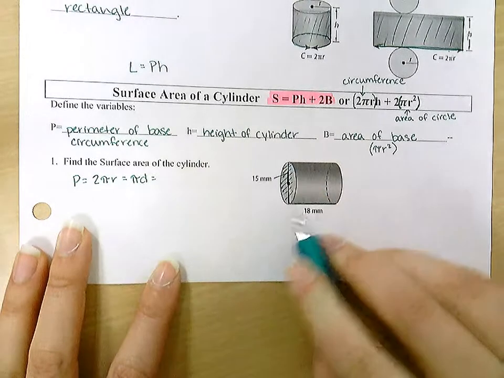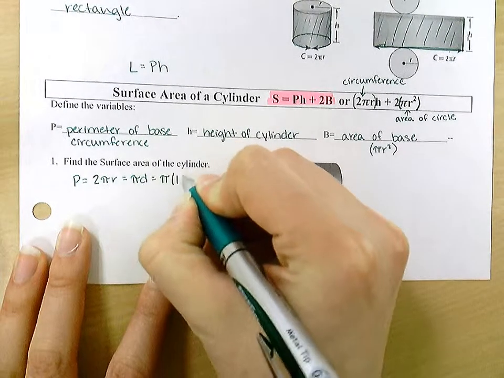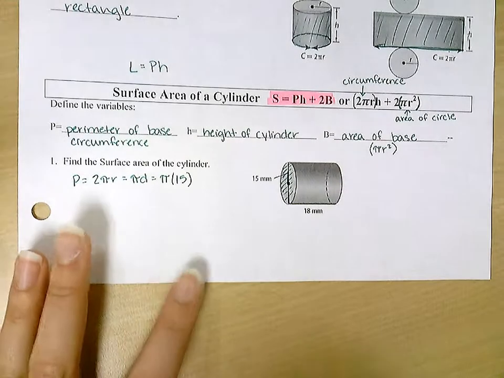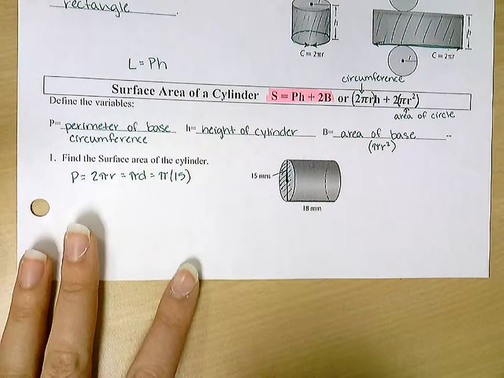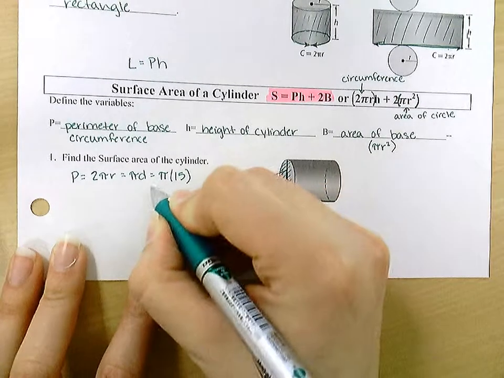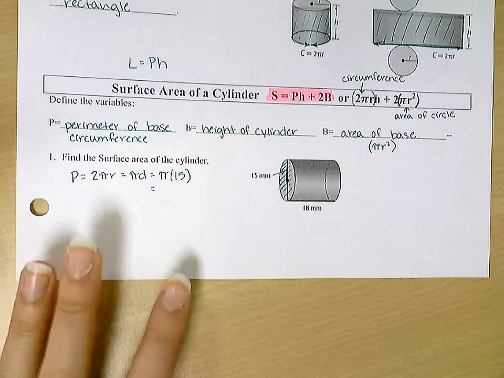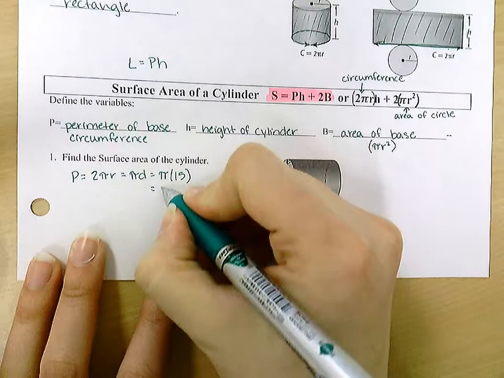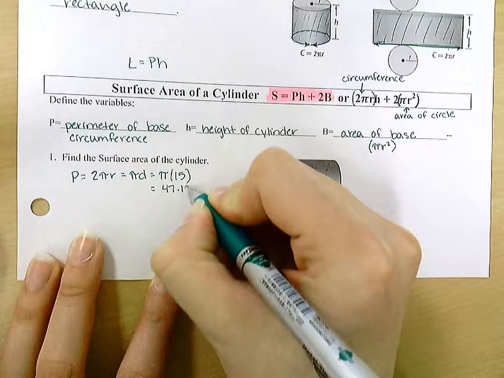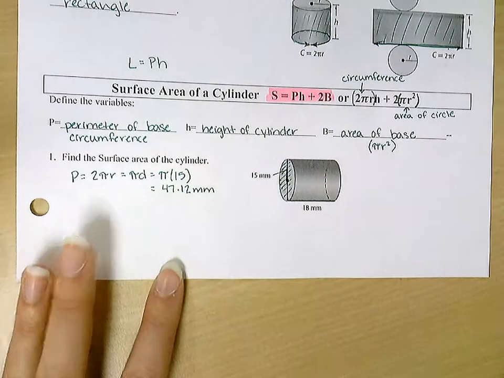My diameter is 15, so I have pi times 15. I would just plug that into my calculator, and I'm going to round to the nearest hundredth to get 47.12, and that is in millimeters.